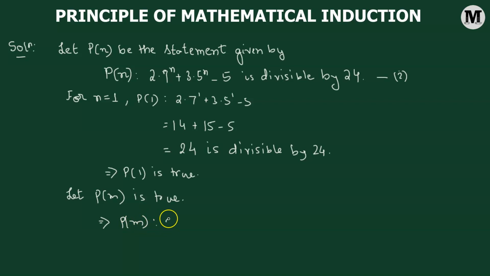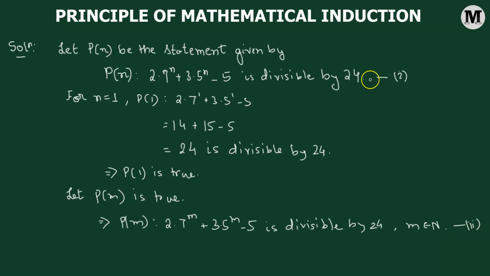So our statement becomes 2 times 7 raised to the power of m added to 3 times 5 raised to the power of m minus 5 is divisible by 24. Now here we are considering m to be belonging to the set of natural numbers. So let this be statement number 2.